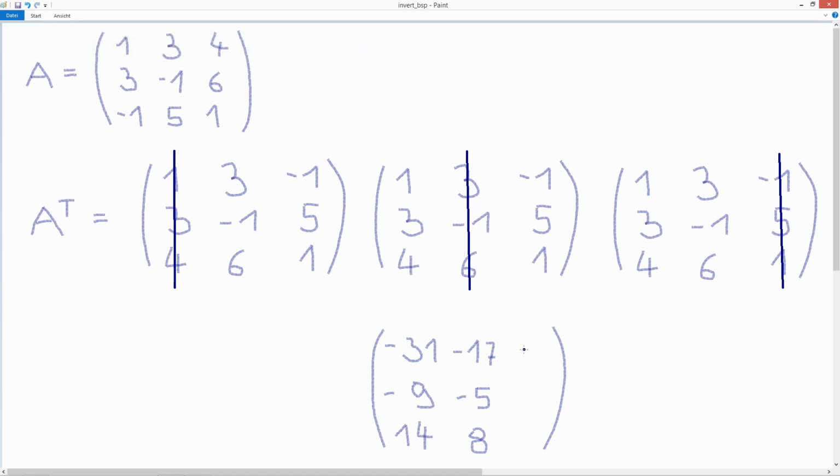So for the first entry of the cross product, we have to ignore this here and calculate 3 times 6 minus 4 times minus 1 is 22.